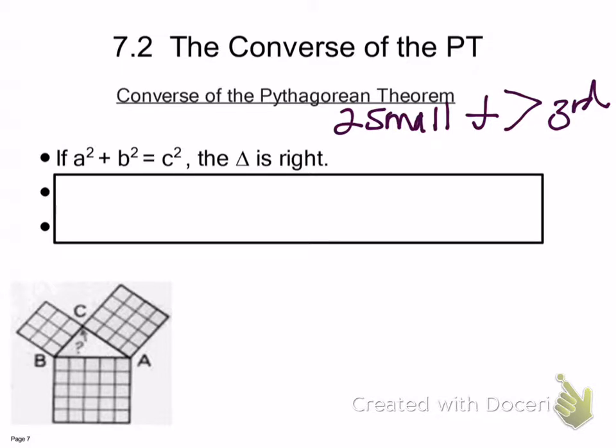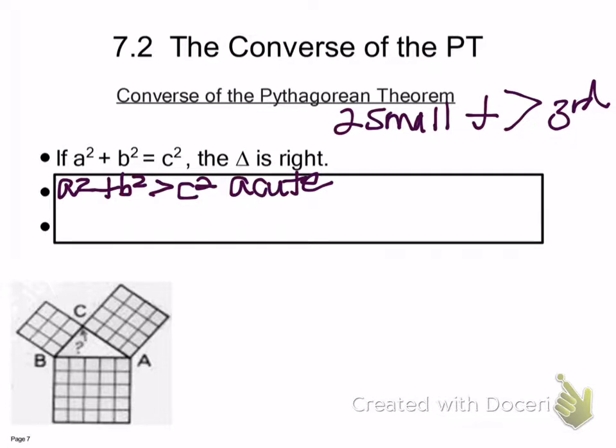The next one is if a squared plus b squared is greater than c squared. That means that it is going to be acute, which you have to be really careful of because your first thought is it's going to be obtuse, and it's not.